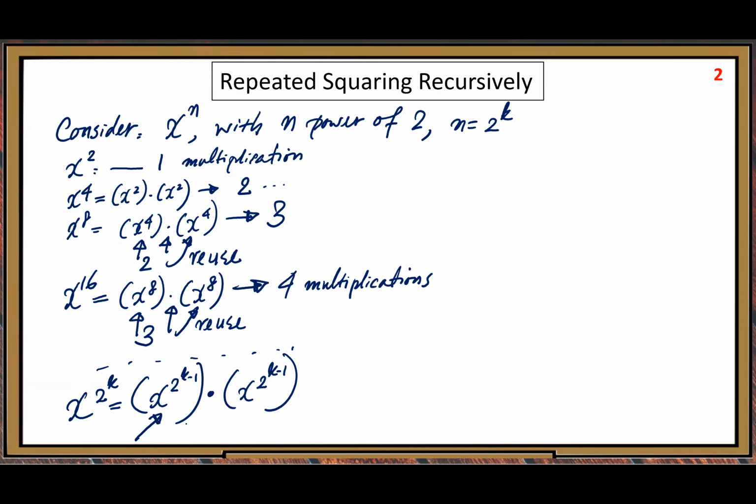The first one we pay k minus 1, then add 1 for the middle dot and reuse. So the answer is k multiplications.